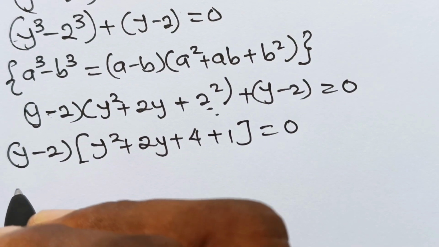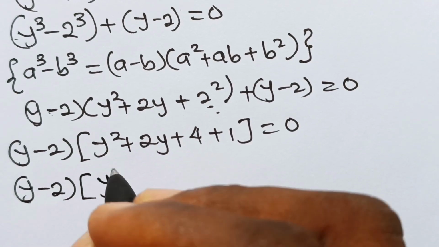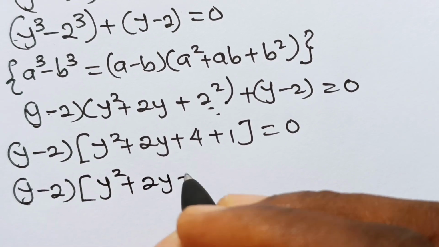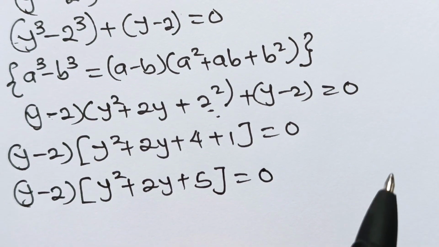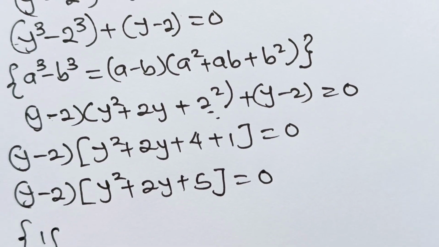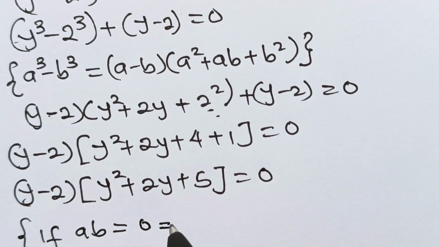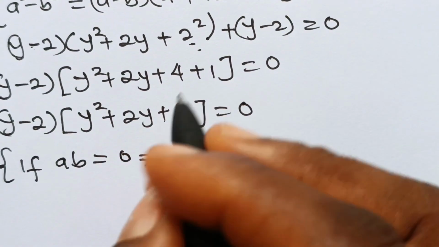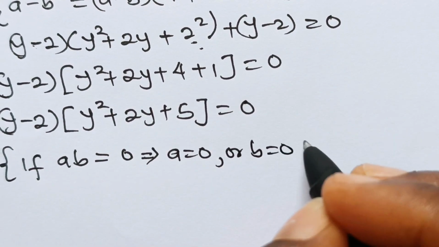If we solve further, we have y minus 2 into y squared plus 2y plus 5 is equal to 0. Now note that if a multiplied by b is equal to 0, this implies that either a is equal to 0 or b is equal to 0.